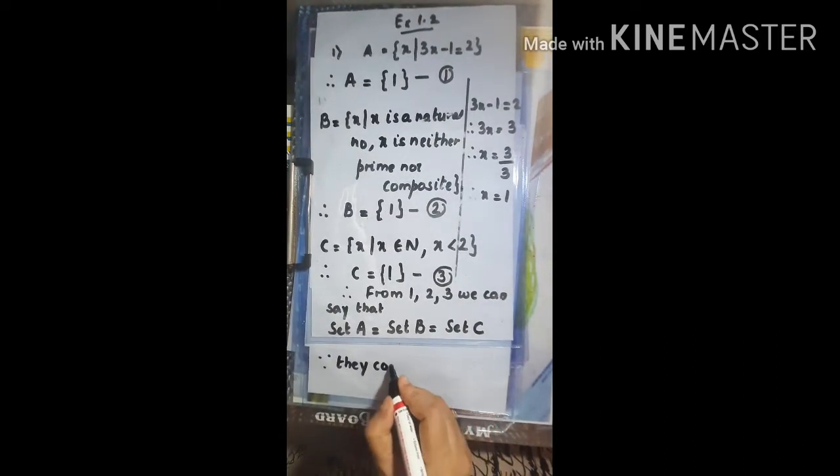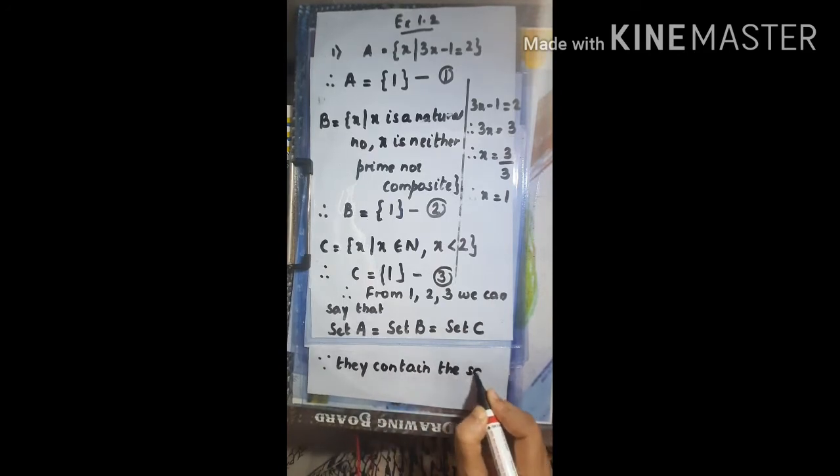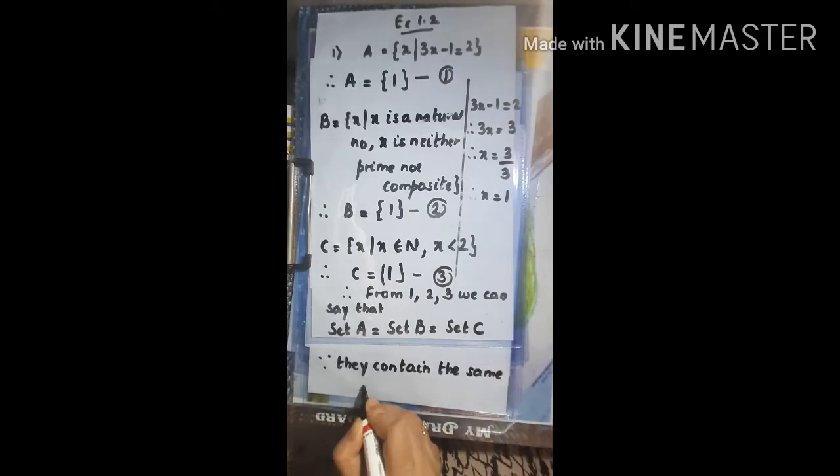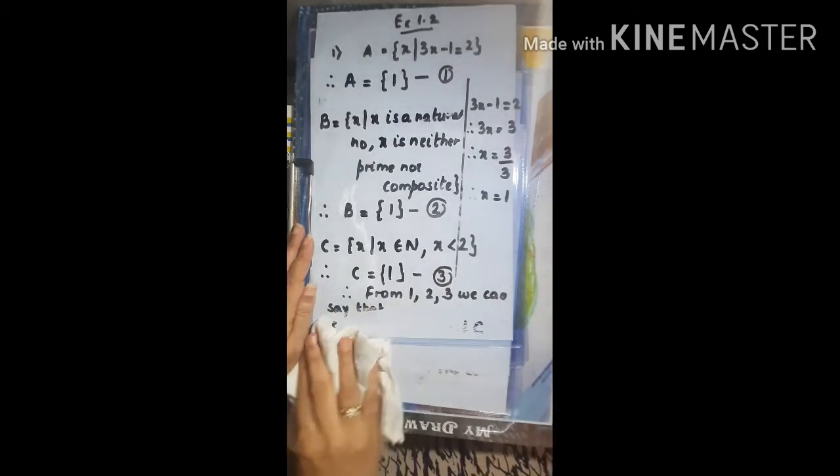Everywhere the same element 1 is there. Since they contain the same element, we can say that these sets are equal.